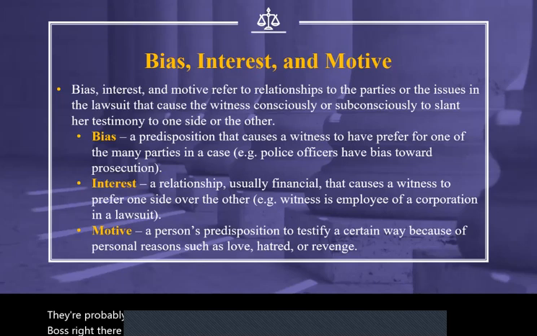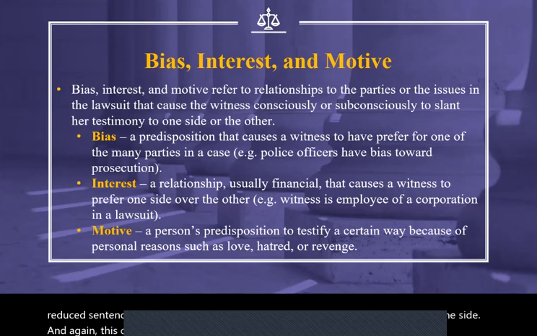Now, another interest that you could suggest applies is when you have snitches or informants, right? Usually they're going to have a financial interest or at least some other interest, such as reduced sentencing, reduced charges, what have you. And it causes them to prefer one side, and again, this case is usually prosecution over another.